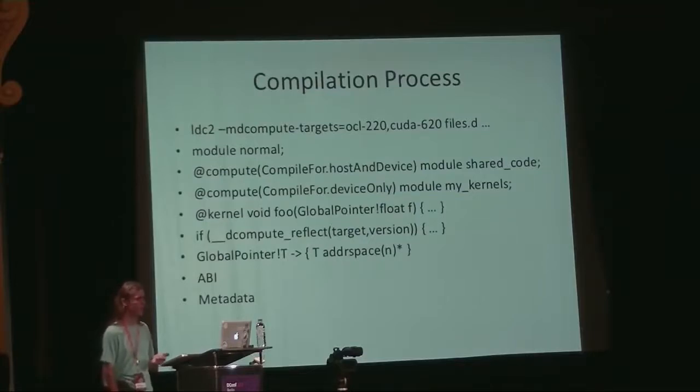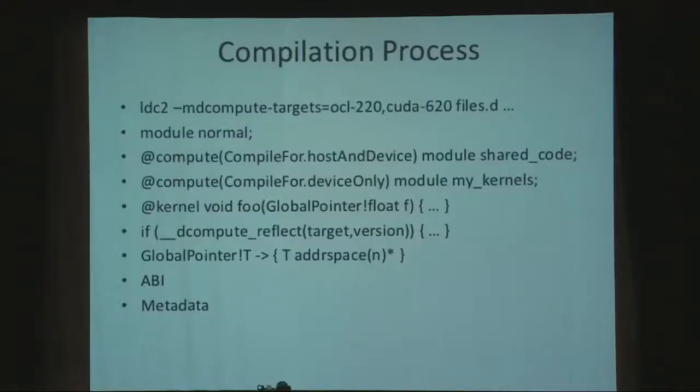All right, so targeting with DCompute is hidden behind that compile switch. You just give it a list of which targets you want, followed by the version number. The way we go about determining what's for host code and what's for device code is we have a bunch of magic attributes, which I hope are fairly self-explanatory.